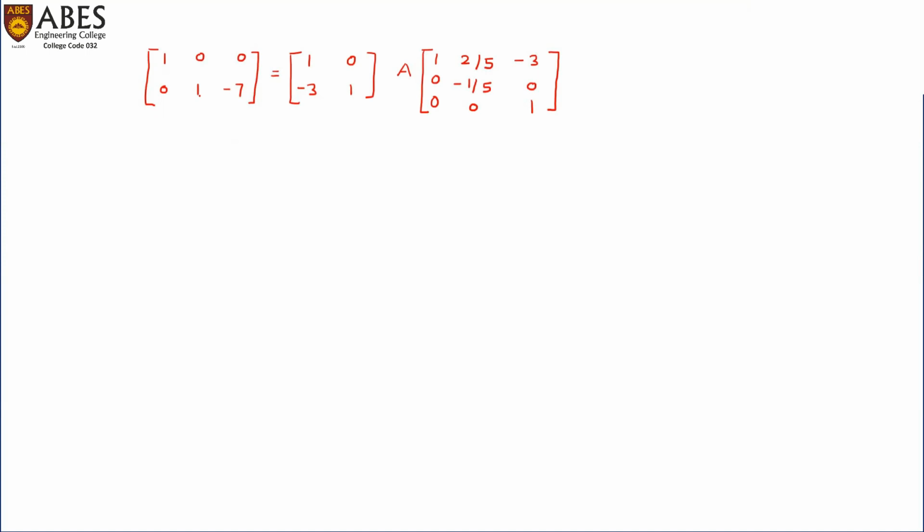Now, with the help of this column, we make this element 0. So C3 replaced by C3 plus 7C2.